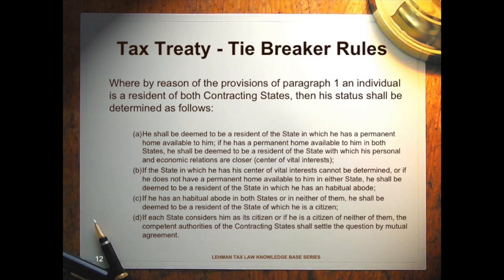Let's assume you have a home in both places, which is often the case with a lot of non-resident alien individuals. If you have a home in both places, then you look to see where is your center of vital interests.